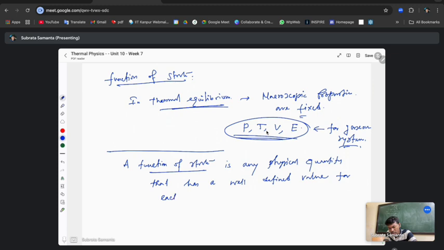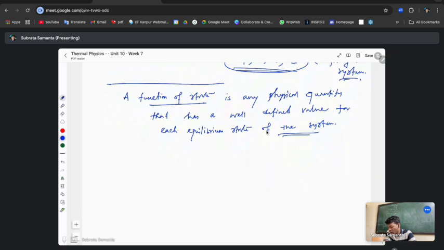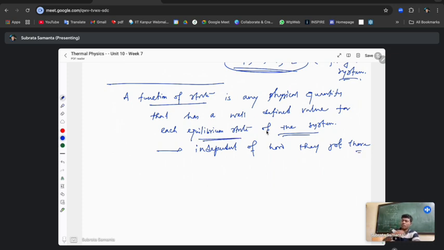So there are various equilibrium states of the system. Okay. So it's independent of how they got there. The important thing is that it is independent of how they reached the equilibrium states. That's independent of the process.